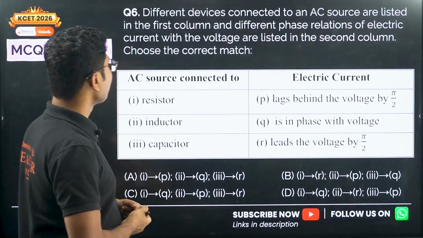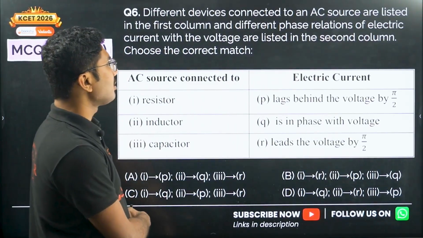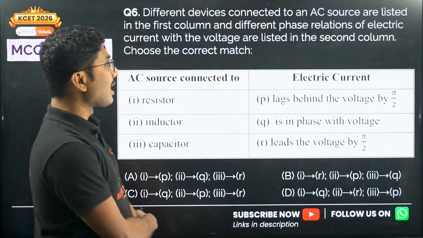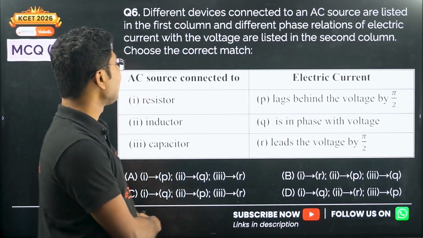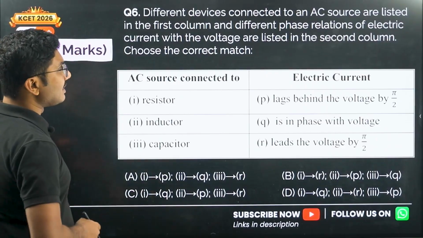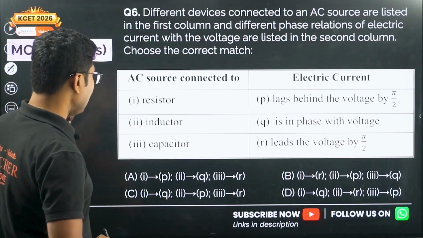Next question from your question bank: different devices connected to an AC source are listed in the first column, and different phase relations of electric current with the voltage are listed in the second column. Choose the correct match. So it's a match the following type of question.